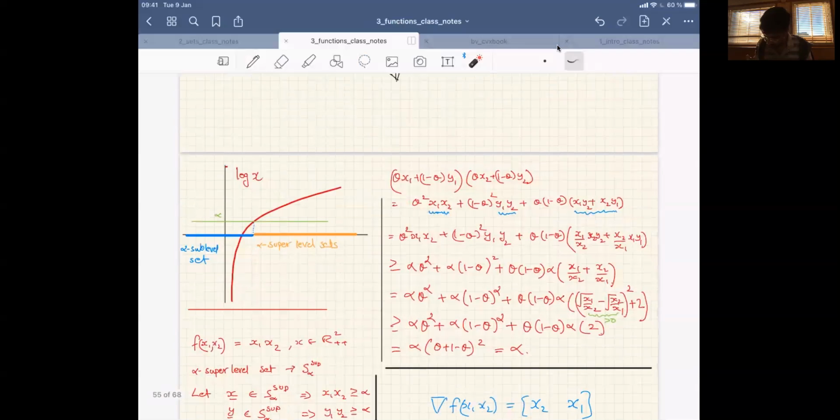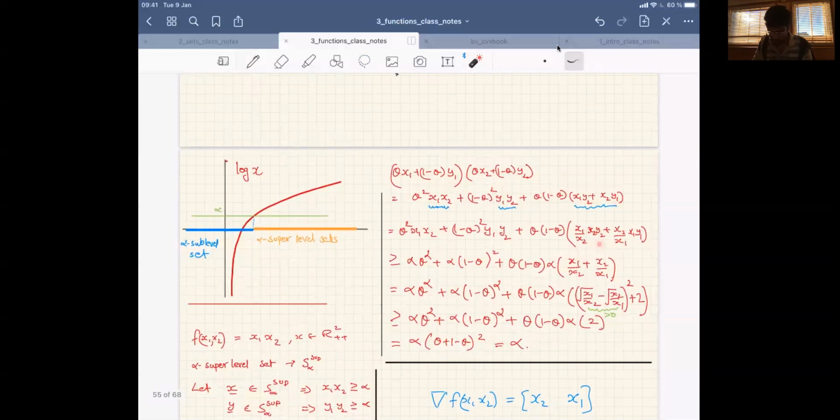Now, to prove this, you will make a small multiplicative adjustment here. I am just multiplying with x2 and dividing by x2. Similarly here. So now we can apply this inequality.